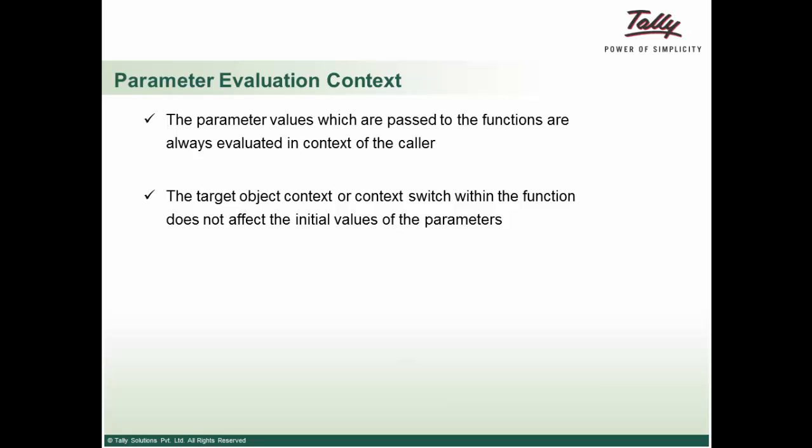It does not matter to the parameters from where you are calling the value and where you are pushing the value. The values of the parameters will not get affected whether it is your current object or your targeted object. It does not matter to the parameter because it's a variable.